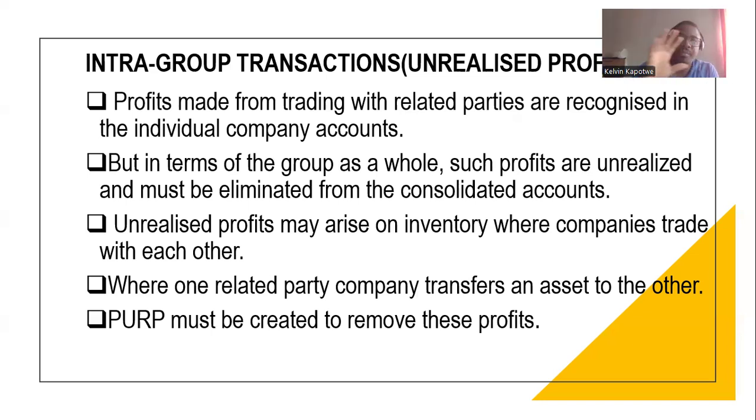Together, you are a group, and whatever income you earn, you put it together and you call that the household income. And then along the way, let's say the wife lends money to the husband, and the wife charges 10% interest.